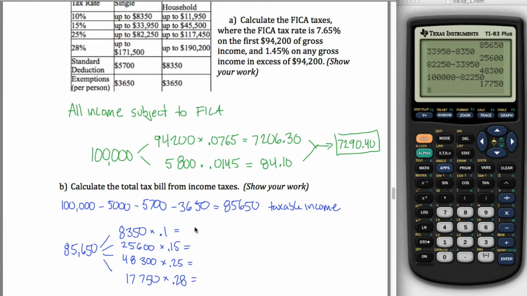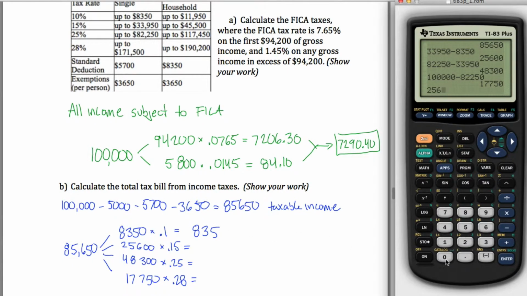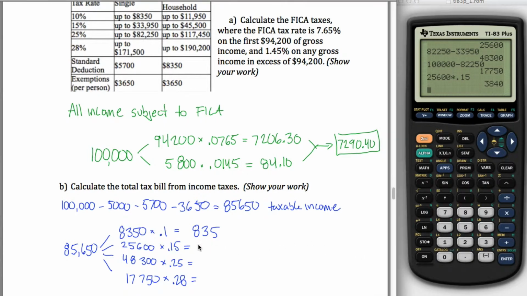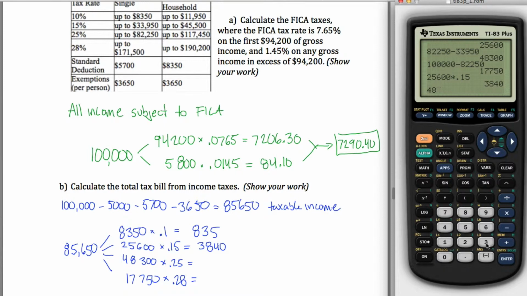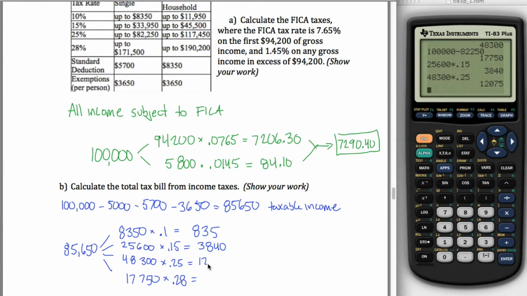So if we multiply these through, let's see, this first one will give me $835. The rest I'm going to do with the calculator. 25,600 times 15%. I get 3,840. And then 48,300 times 0.25 gives me a lot of money, 12,075.